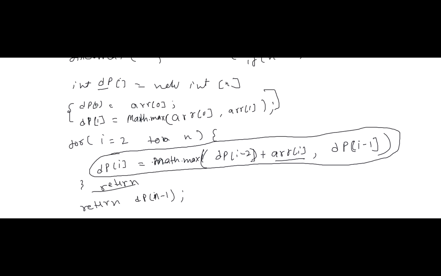Okay, so anyone have any doubt till here? We just need to initialize this condition, and then at every point of time we need to choose from the previously calculated values. For example, if we are at the 10th house, we are not checking from the first, second, third, fourth house. We are only checking from the 8th and 9th house, right? We don't need to think about all the combinations, because we are already taking the best solution at every point of time.